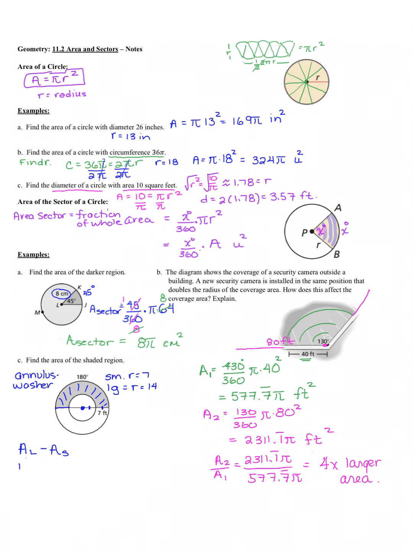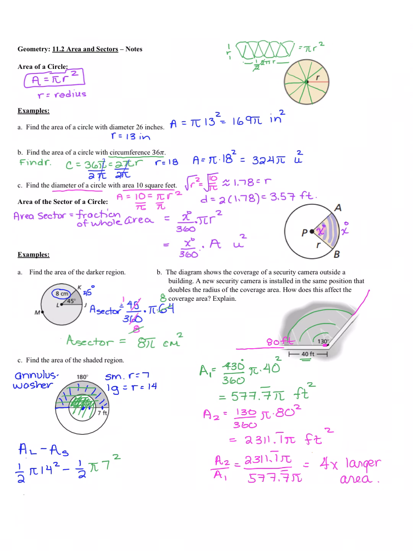So the area of the larger is going to be 1/2 pi r squared, so pi 14 squared, minus 1/2 the area of the smaller. So basically you found everything, and now we're going to take away this green part. So 1/2 pi 7 squared.